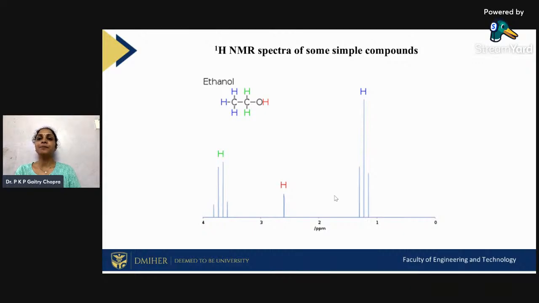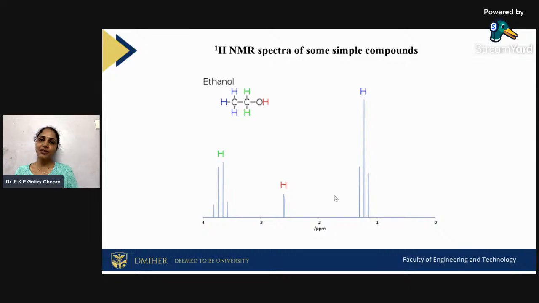Next is your OH, the signal for the hydrogen that is attached to oxygen. It is again a little downfield, and it is a singlet because it is not interacting with any other neighboring nuclei. And the last signal that we are getting is for CH2.